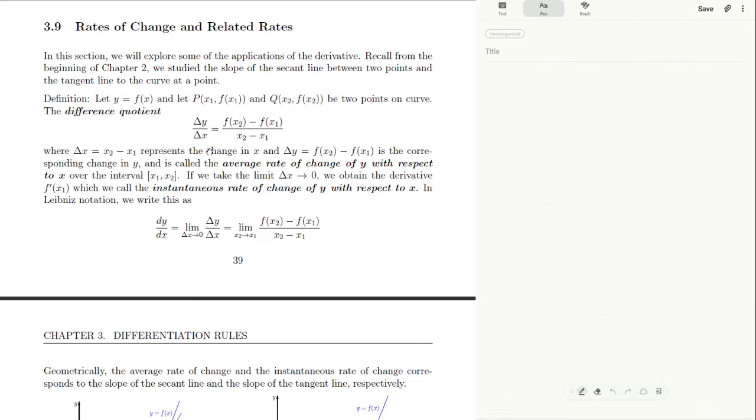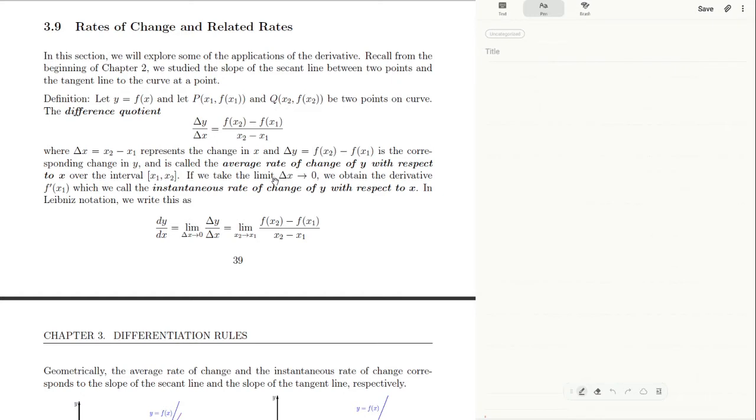And this difference quotient is called the average rate of change of y with respect to x over the interval from x1 to x2. So it gives us an average rate of change for the function on this interval.